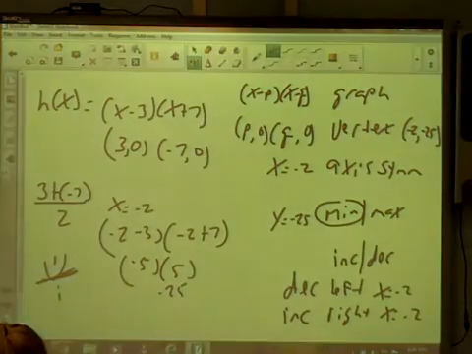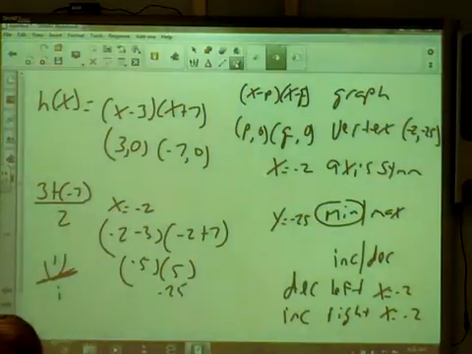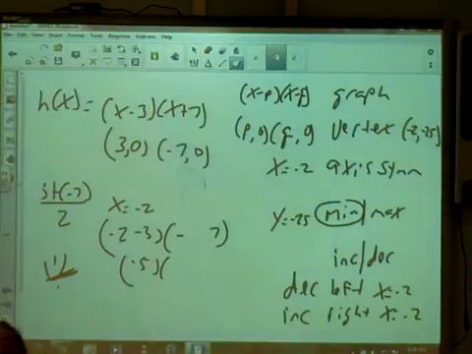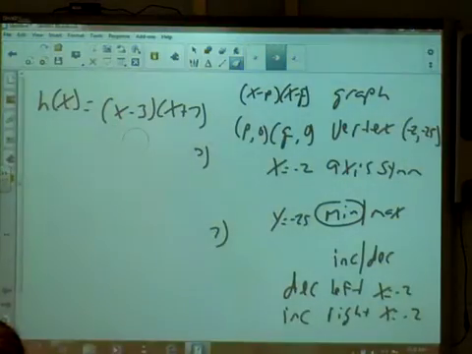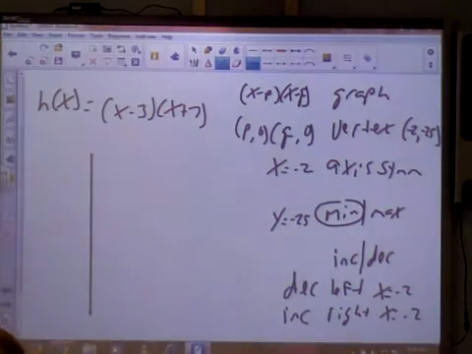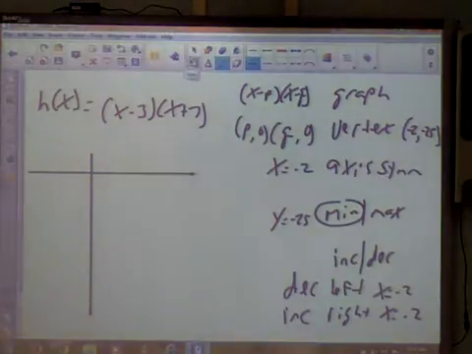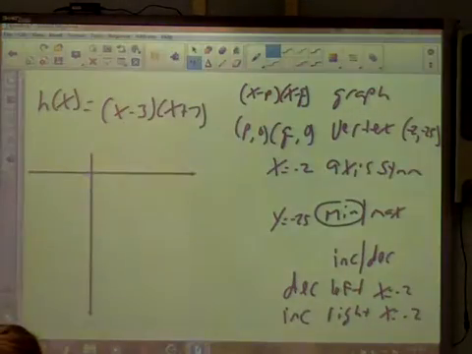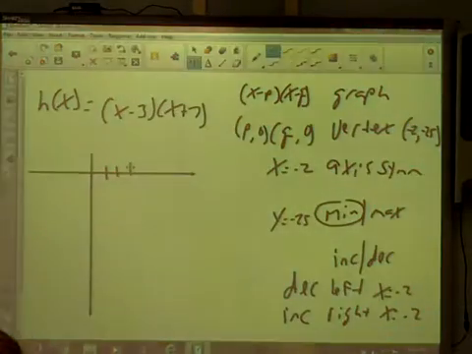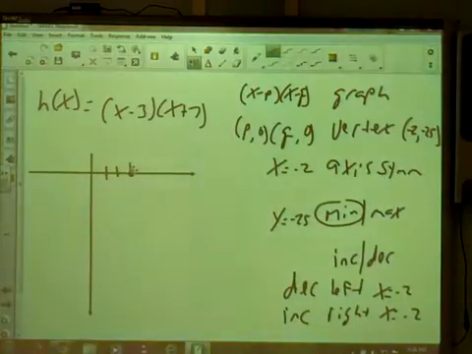Alright, last thing I'm missing on my graph is my graph. So let me erase some of this and get my graph. Intercept form, after you found all that, in my opinion, is easiest to graph because you don't have to find anything else. You don't have a third point to find. You already got it. So we said it's going to have a 3, 0, and a -7, 0.